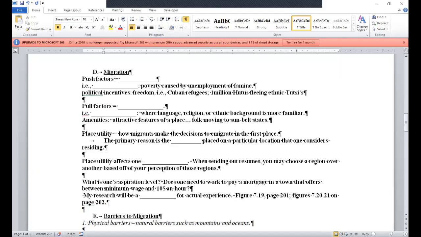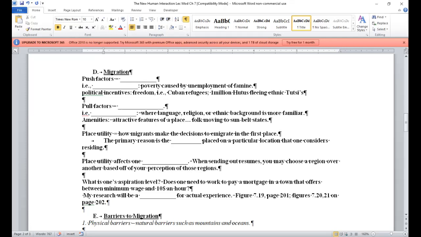Migration. With migration, you have push factors. Push factors are your negatives. These are the things that people don't like about where they live, forcing them to look elsewhere.